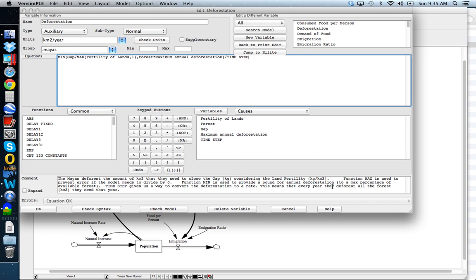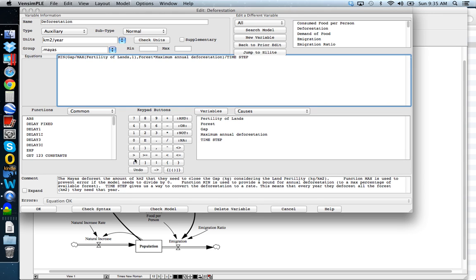This means that every year they deforest all the forest they need that year. So what this model assumes is that the Mayas were sort of rational. They would look at the gap of food they had, and they would only deforest whatever they had to deforest. So they had some environmental conscience, but that conscience was counteracted by the need of food.